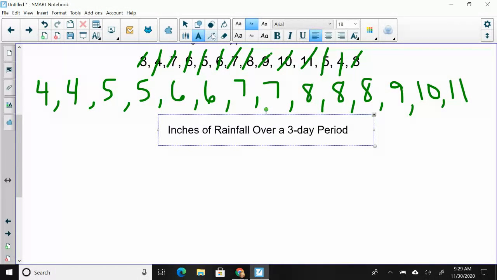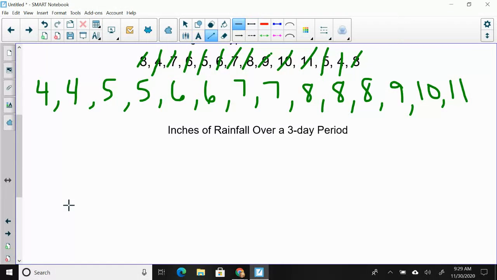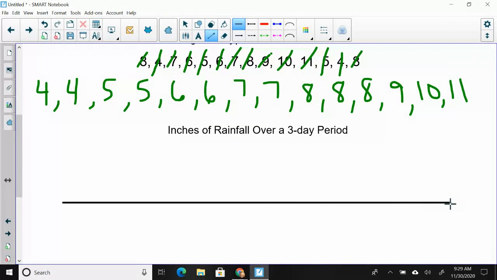And we are going to obviously need a line to put our data on. And we need a label, not necessarily a title. Let's put our numbers on here first. All right, so my smallest number is 4 and my largest number is 11. So I need to include all of the numbers in between.